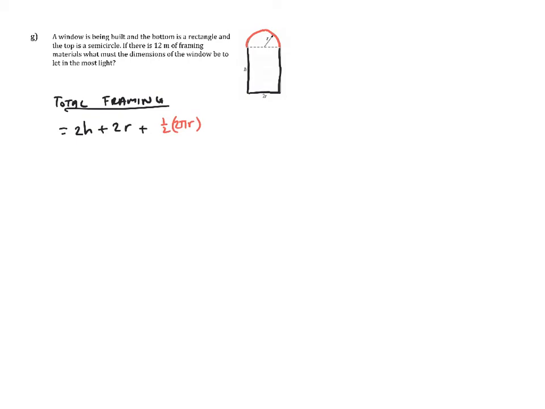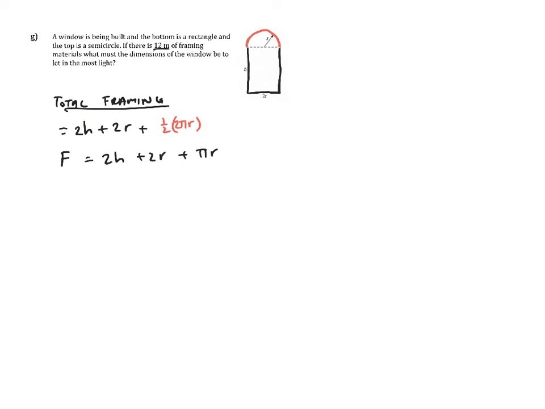So therefore, the total framing, let's call it function f, is equal to 2h plus 2r plus pi r, okay? And then, what do we know about the total framing? There's 12 meters.